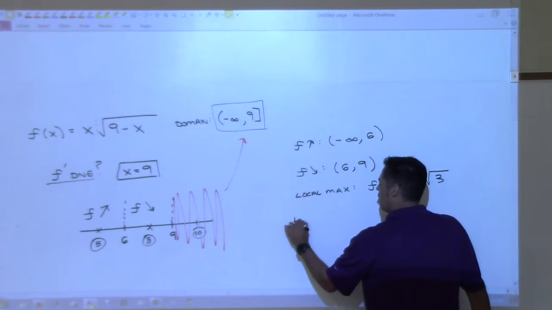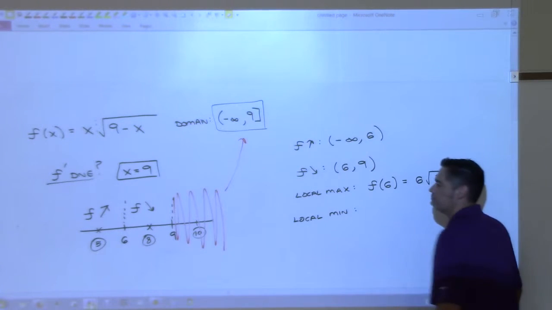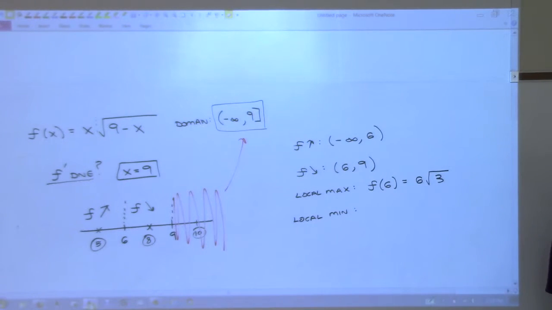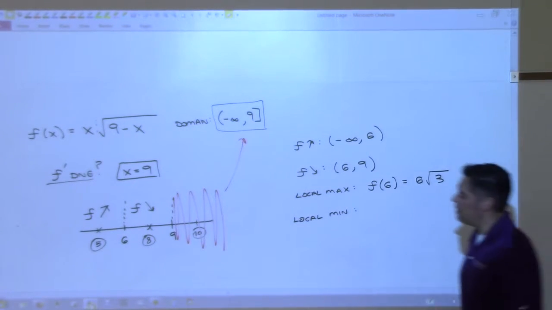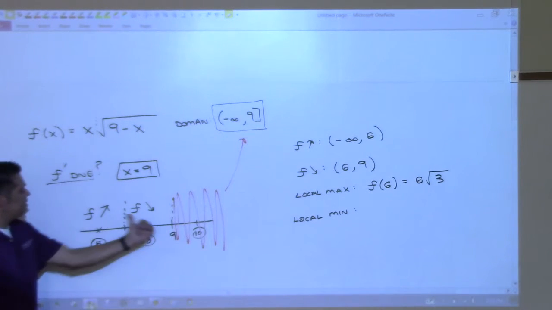And then what about a local min? Zero. Well, I mean, if you plug it in, you get 0, but I mean, it's obviously asymptotic. Can we take another number? Is it asymptotic? What is happening here? Our function exists this way, doesn't it?